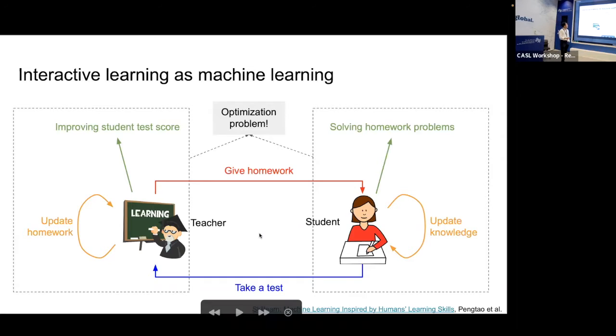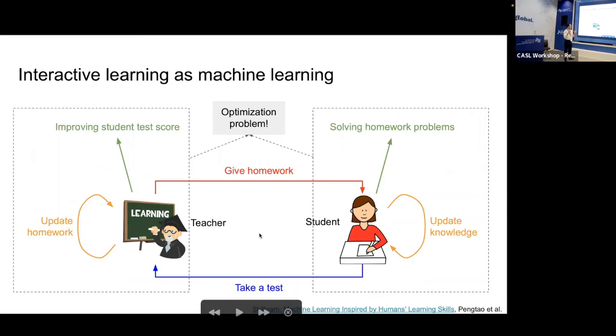If you take a closer look at this scenario, from the students' perspective, their main goal is solving all the homework problems, and in doing so, they also update their knowledge. From the teacher's perspective, their main goal is improving students' test scores by designing a better homework, and in this case, what the teacher does is updating the homework.